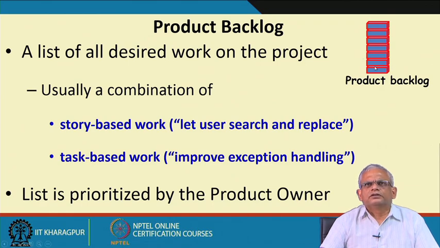So, some of the items here are user stories or user requirements, and the others are based on the items completed, some actions to take on that. The list is prioritized by the product owner based on the customer perspective.